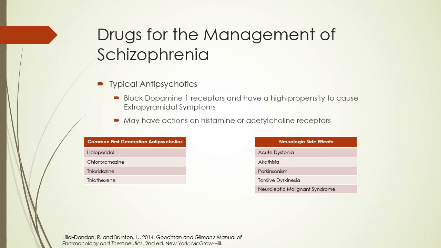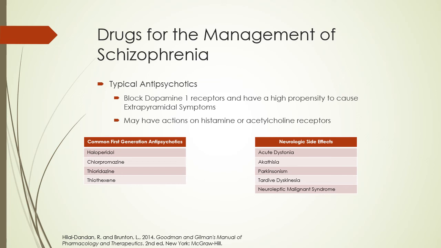So the neurologic side effects of the typical antipsychotics are more common, again, because they have very avid blockade of dopamine 1 receptors, but these are non-selective. That's why we experience a lot of these extrapyramidal side effects.